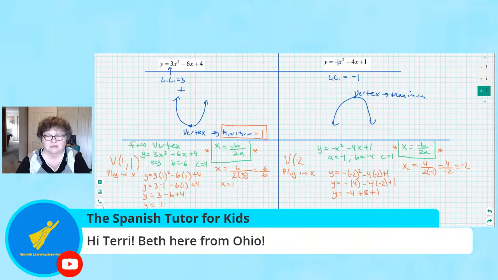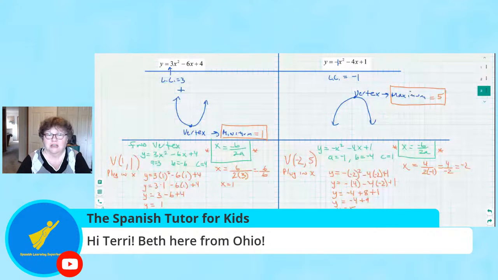Keep me honest, I think that's right. That will give me negative 4 plus 9, or 5, right? So my y here is 5. Whatever my y is, that's my max or minimum. So my max here is 5. So it's all a game of, can you find the vertex?